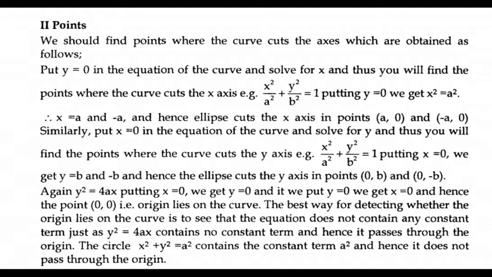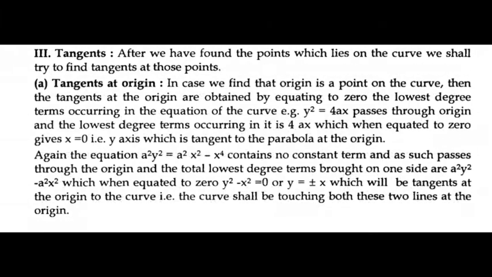Here, in y square is equal to 4x, there is no constant term actually. 4x is one term and y square, both contain the variables, purely with no constant term like a square. So this must pass through the origin, whereas the circle, we know, does not pass through the origin.